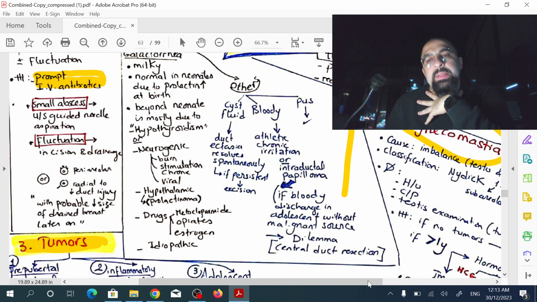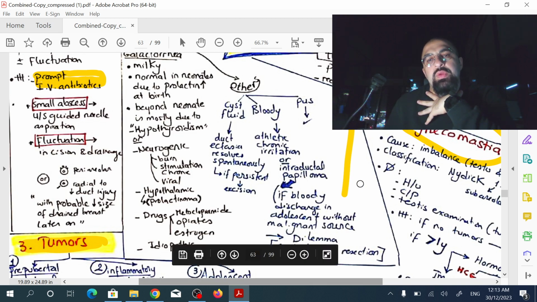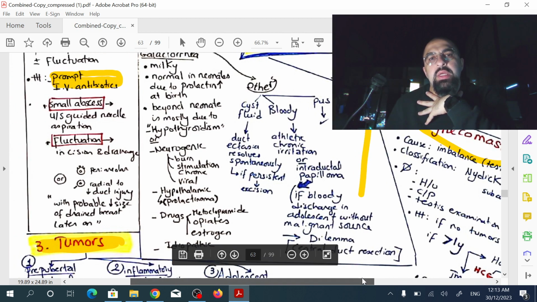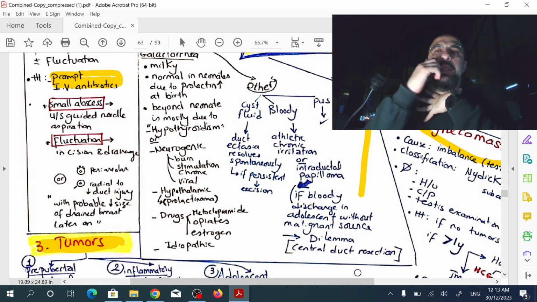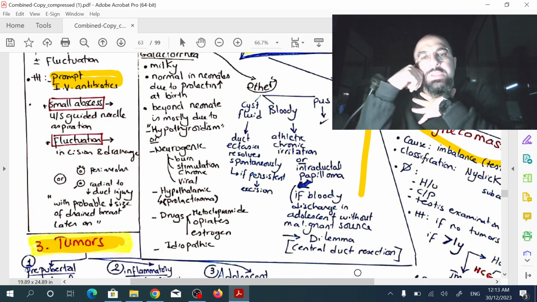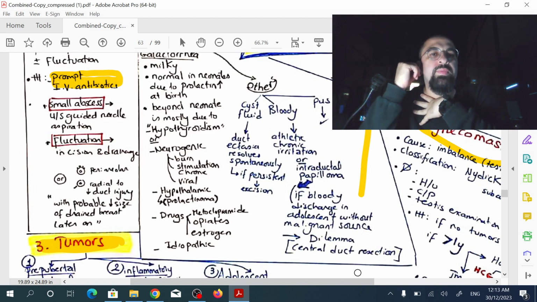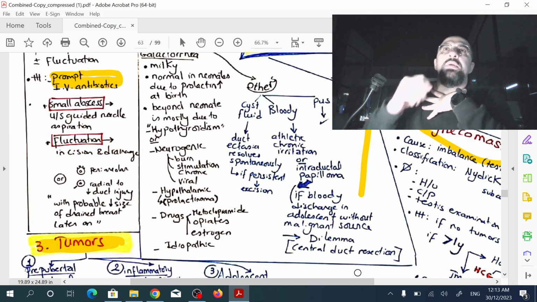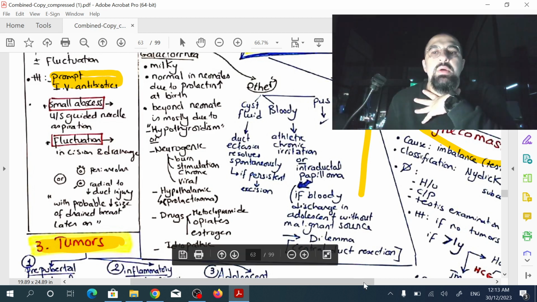If we talk about this, it will be a very problematic dilemma, and it's not a depth that we need to study, but you should know that there is something called bloody discharge. If you want to go in depth, you can review the updated papers and literature about this topic.